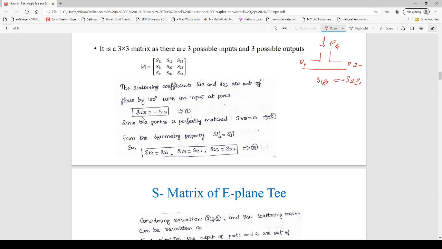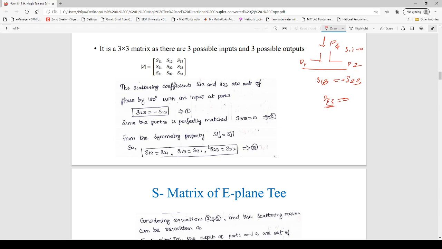So I can write S23 is equal to minus S13. And also we discussed that in the E plane T, the third port which is attached to the junction is perfectly matched. When it is perfectly matched, we know the property Sii should be equal to 0. So I can say S33 is equal to 0.